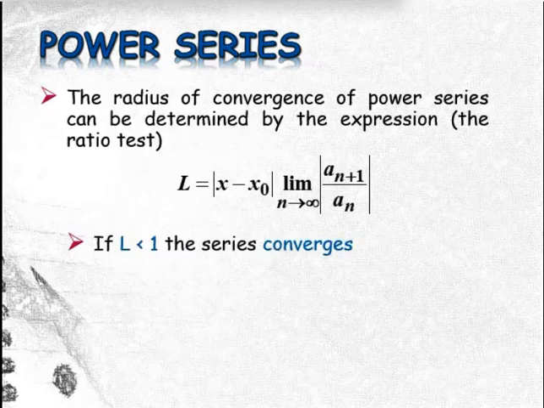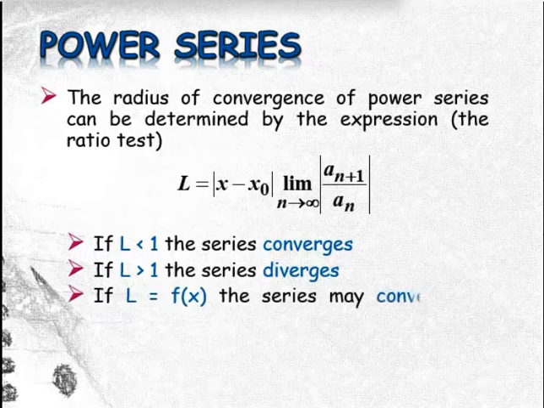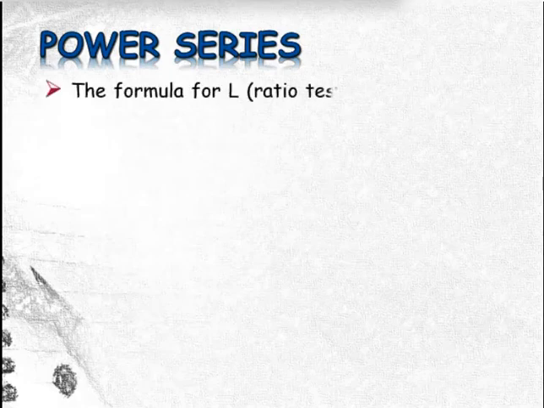If L is less than 1, then we say that the series converges. If L is greater than 1, the series diverges. And if it happens that L is equivalent to a function of x, then the series may converge or the series may diverge. The ratio test can be presented in three forms.